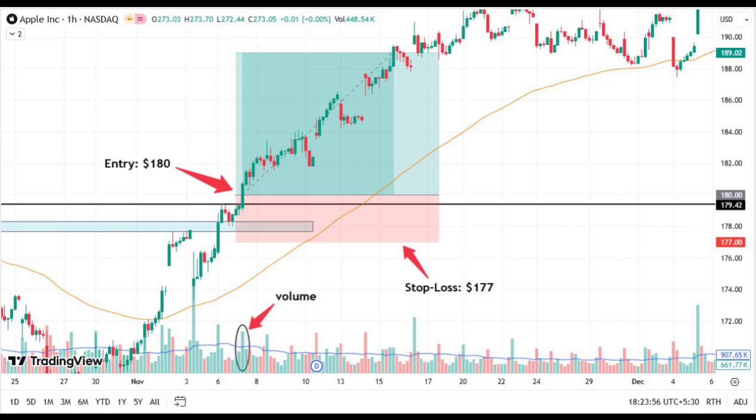Example, total account risk, 1R, is $100. Risk per share, $3. Number of shares equals $100 divided by $3 equals 33.33 shares. We round down to 33 shares. Our total capital at risk is 33 shares times $3 equals $99, which is just under our 1% max risk.